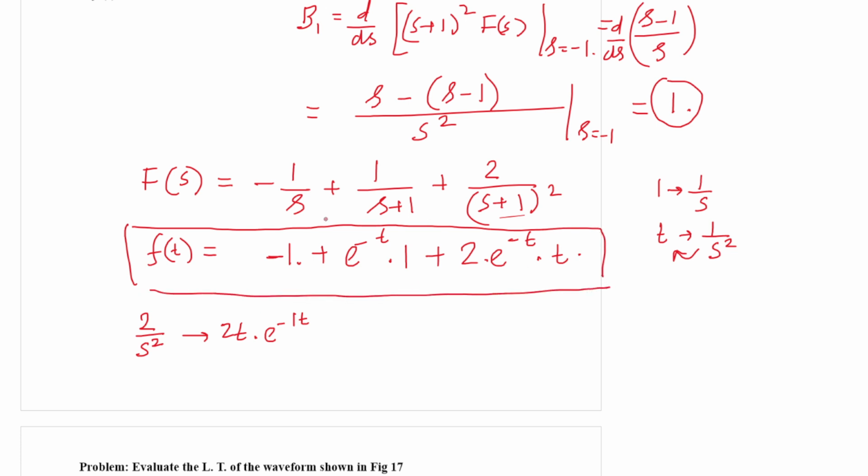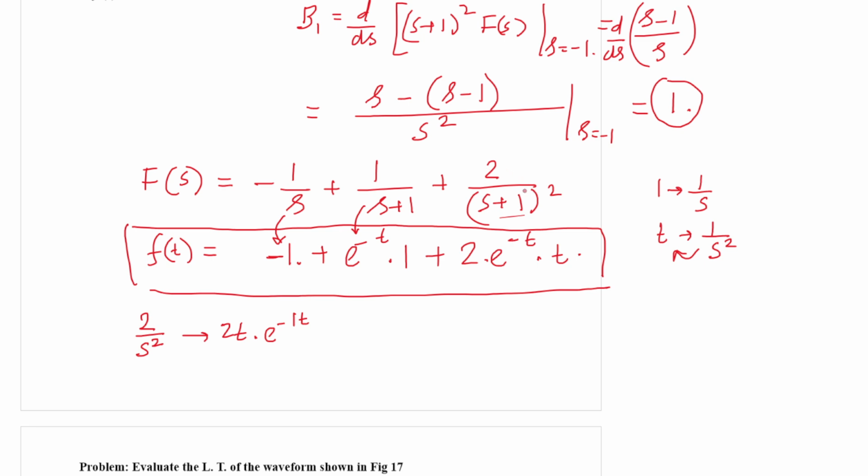So I am repeating: 1 by s, no issue with that, it is simply 1. For 1 by s plus 1, we should have the term e to the power minus t, because it is shifting in the frequency domain, so one component must be accompanied in the time domain by multiplication.